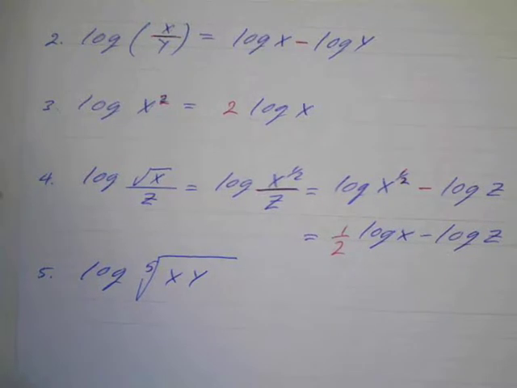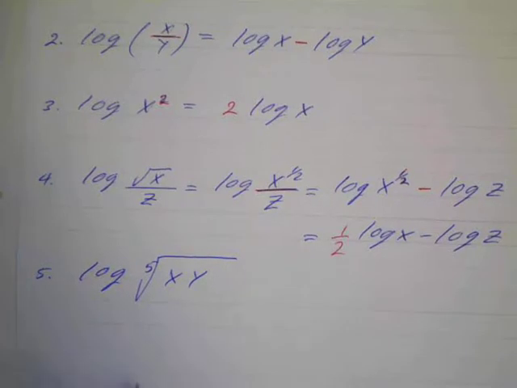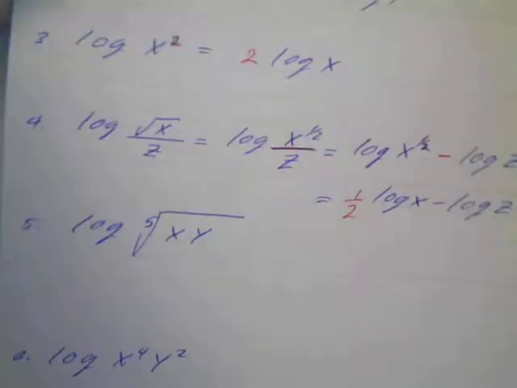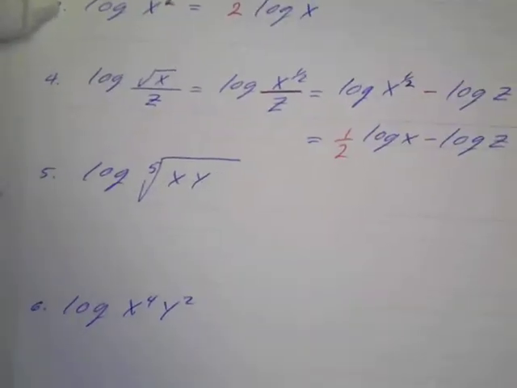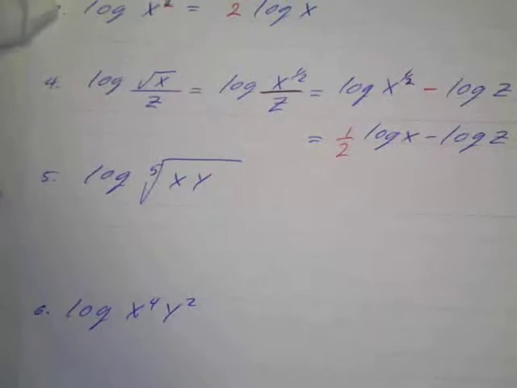This will be number 6. Log of x to the 4th y squared. So I'll show you these. And let's just do 2 more. All right? So try those 2.